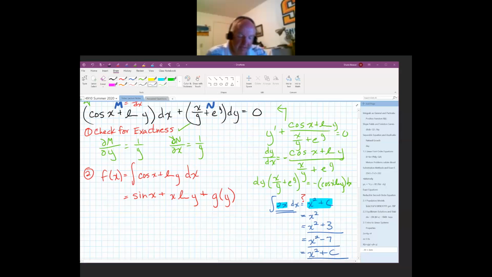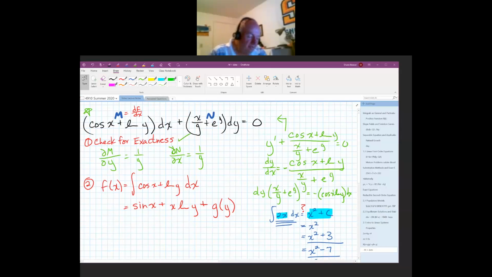Okay, so that's why the C comes in there: when we differentiate to go back to the integrand, the C just disappears. So we know it's x squared plus something. We haven't been able to determine exactly what that something is. It could be any number, but it is going to be a constant. Now, we're good with that, right?